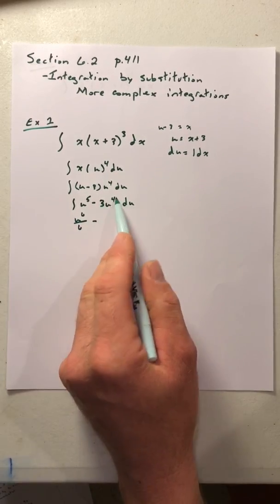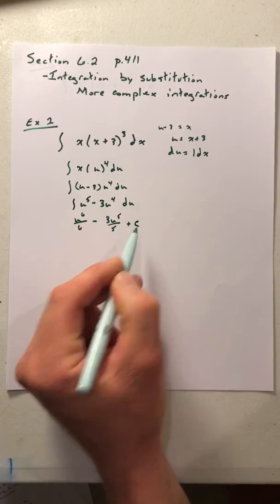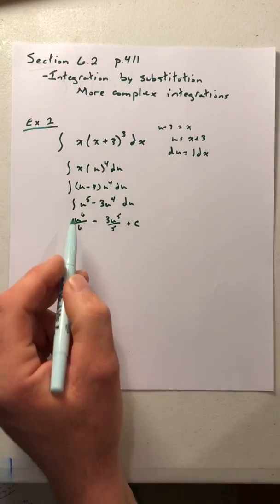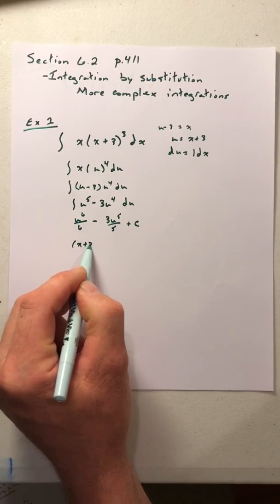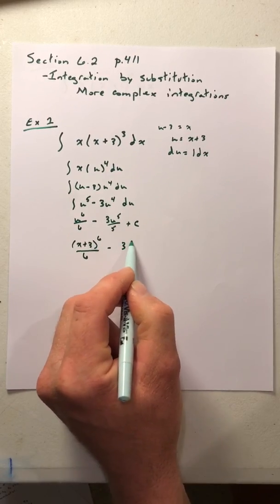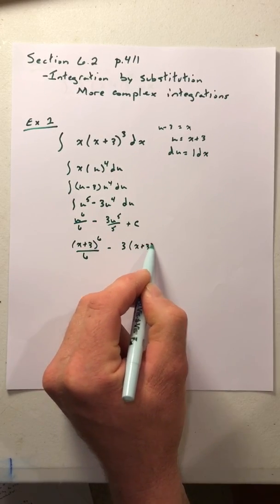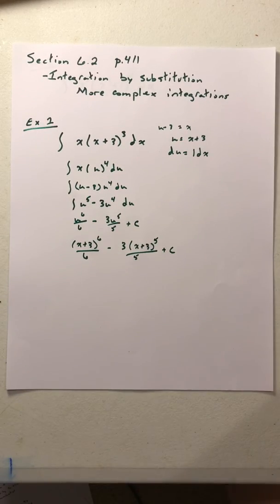The integral of 3u to the fourth is 3u to the fifth over 5, plus c. We replace our u with x plus 3, so we get the quantity x plus 3 to the sixth over 6 minus 3 times the quantity x plus 3 to the fifth over 5, plus c.